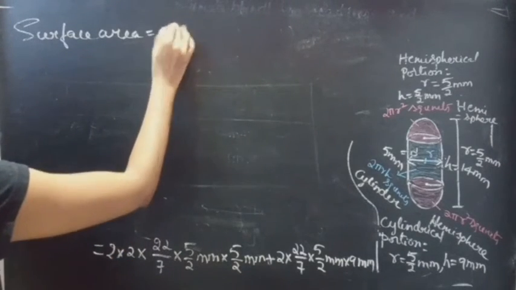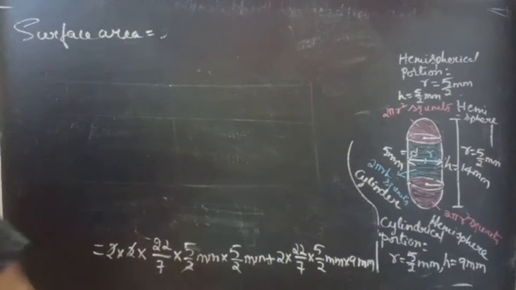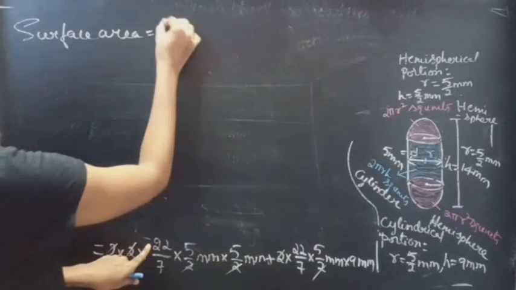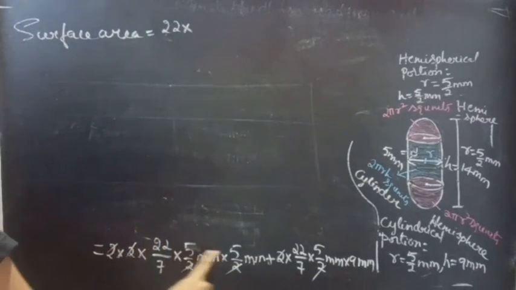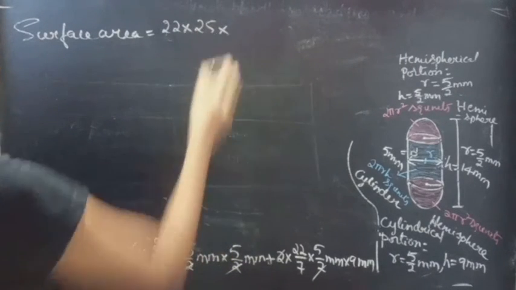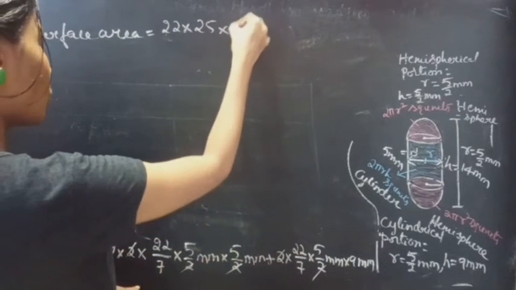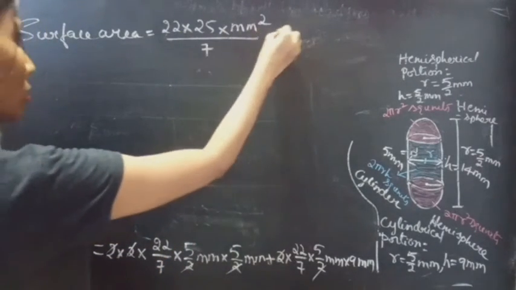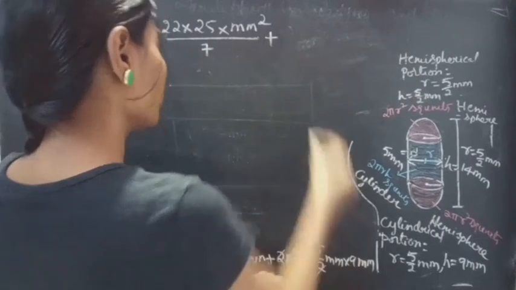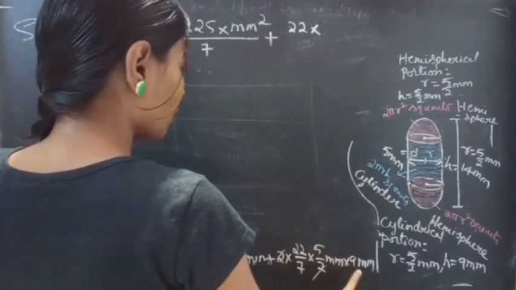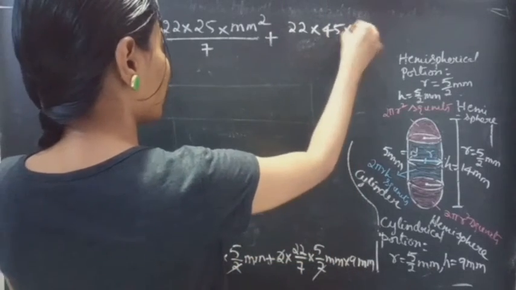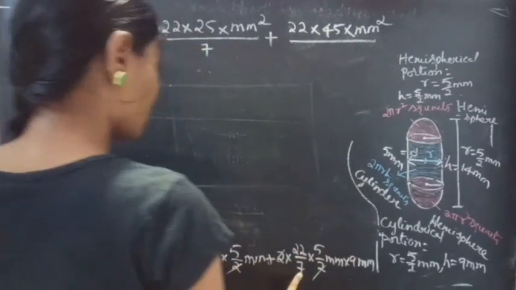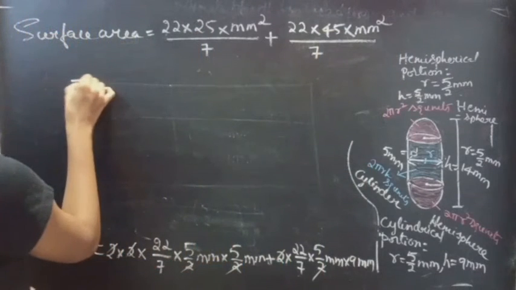So cancel the 2's here also. Then this equals 22 into 5 fives are 25 into millimeter square by 7, plus 22 into 5 nines are 45 into millimeter square by 7.